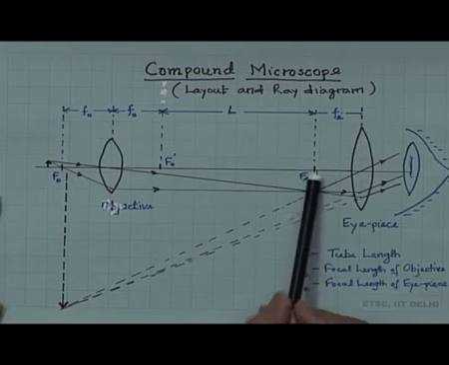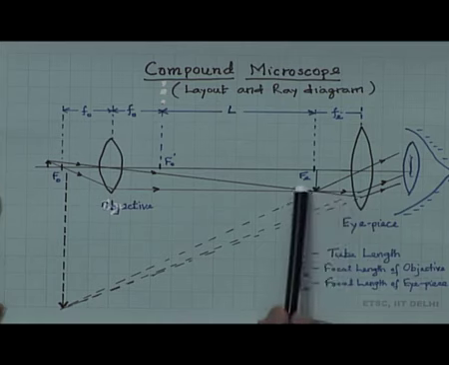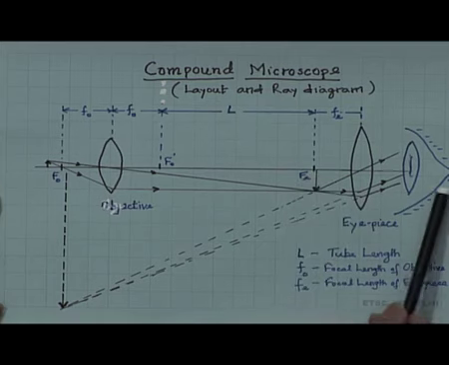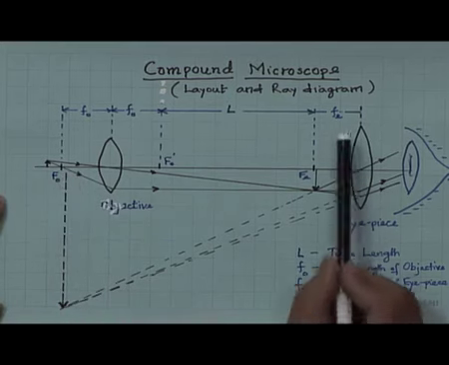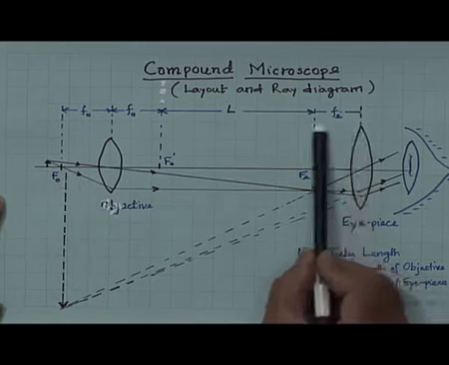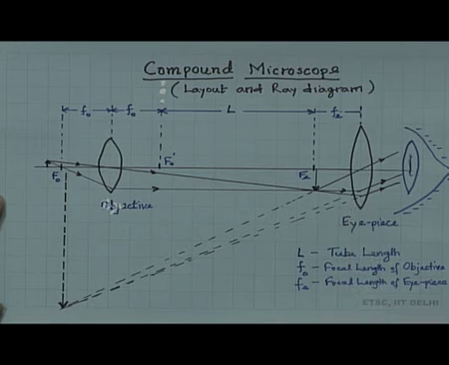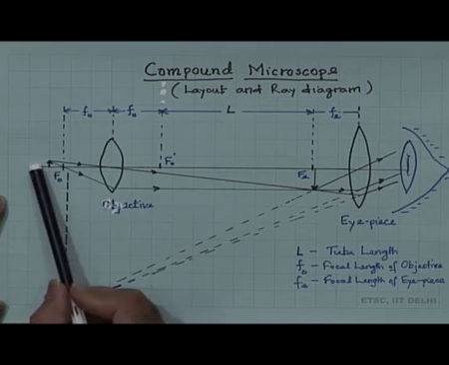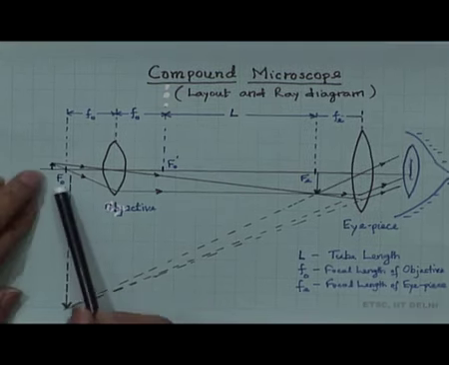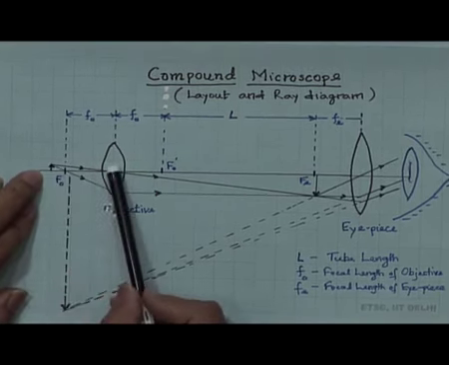Fe here is the focus of the eyepiece, Fo is the focus of the objective, and small fe here is the focal length of the eyepiece. We can adjust this by changing the separation between the object and the lens.